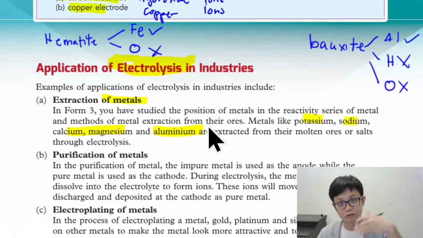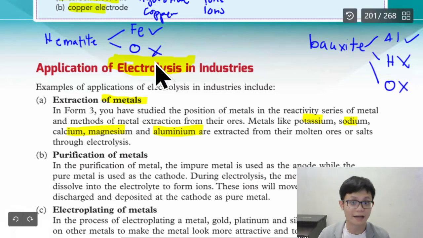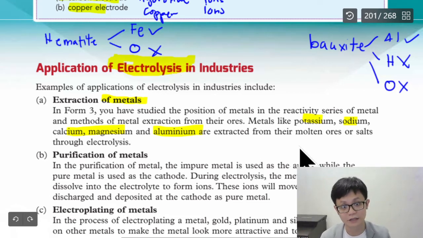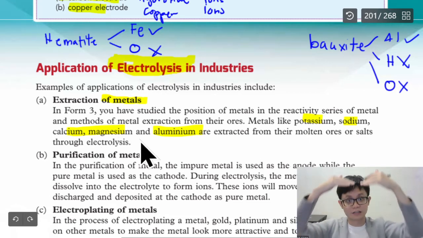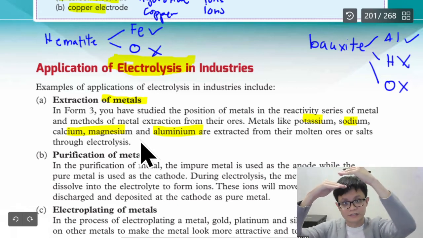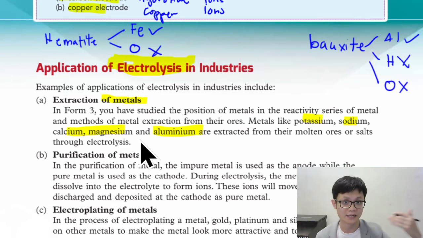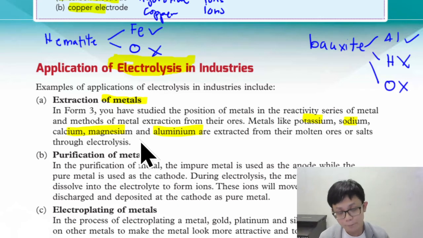So basically, they use carbon to displace the iron from the iron oxide, because iron is not as reactive as potassium and sodium, which are on top of the reactivity series. Because they are on top, you cannot use carbon to displace them. So what you can do is use electricity.